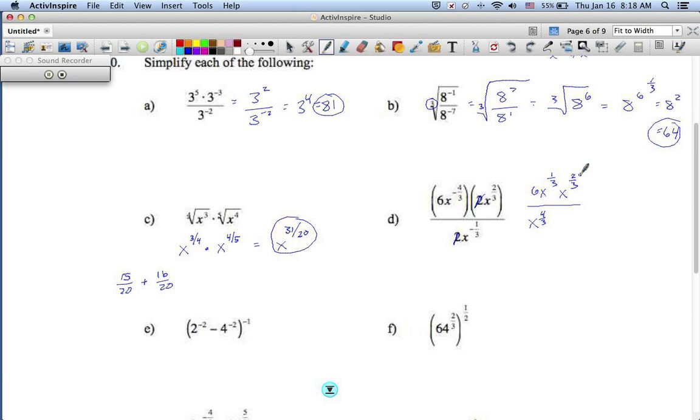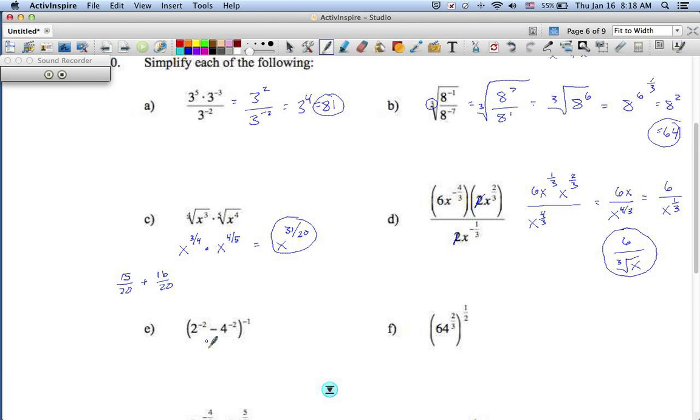So in my numerator, 2/3 and a 1/3 make a whole. So we have 6x. And here I have x to the 4/3. Dividing like bases, I subtract. 1 minus 4/3 is negative 1/3. That is 6 over x to the 1/3, or 6 over the cubed root of x.